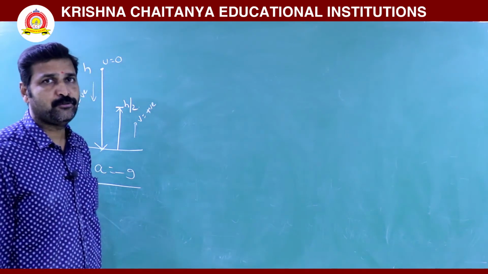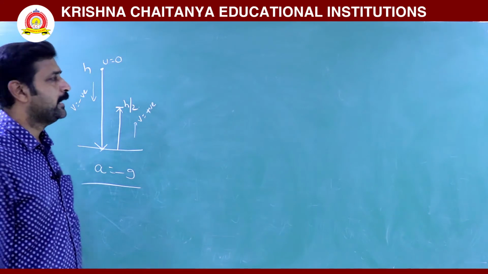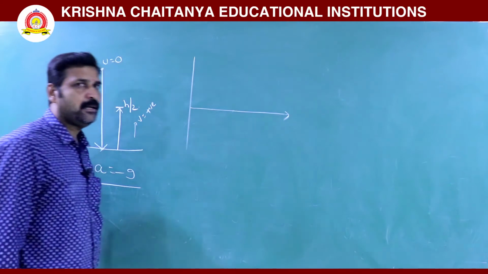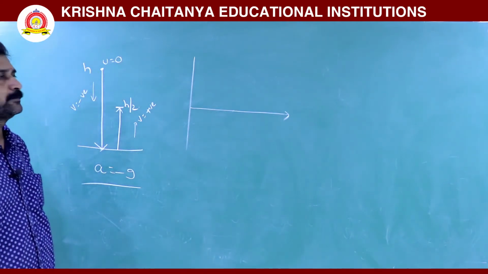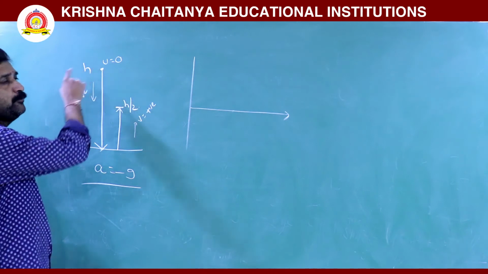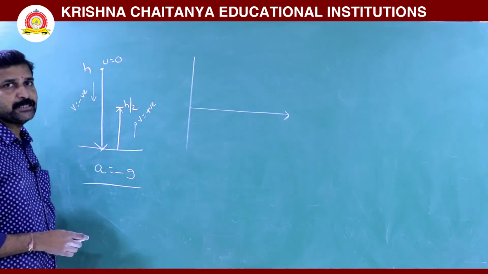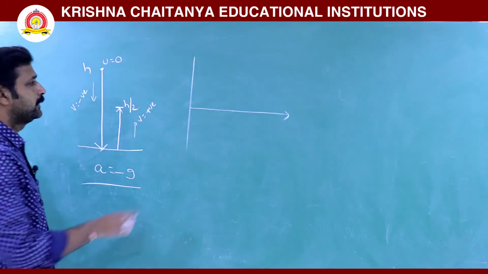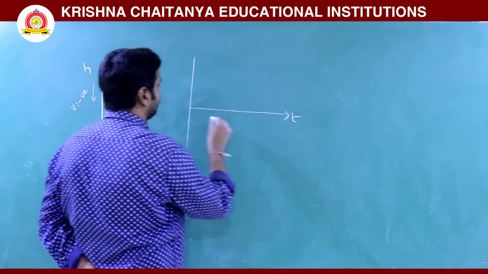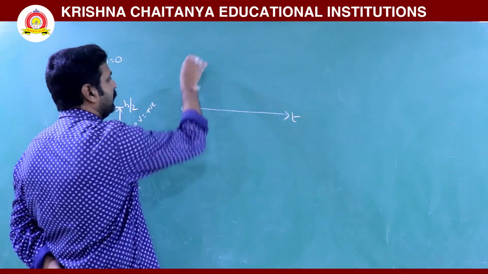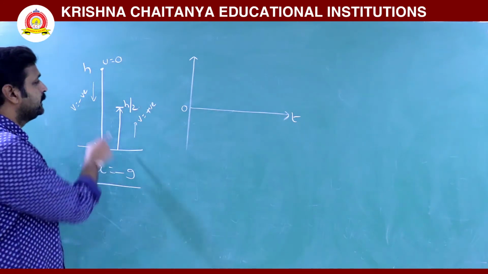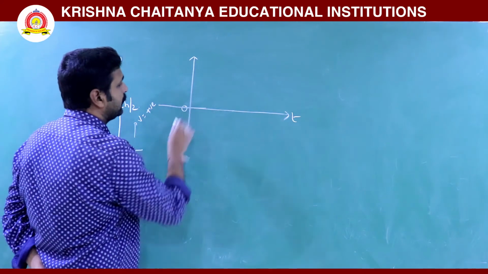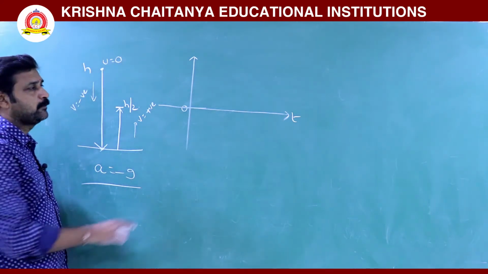Now, if you are asked to find the velocity versus time graph, since it is a freely falling body, it has zero velocity at time t equal to 0, and since it is moving down, velocity increases. So, what does the graph look like for a freely falling body? Look here.